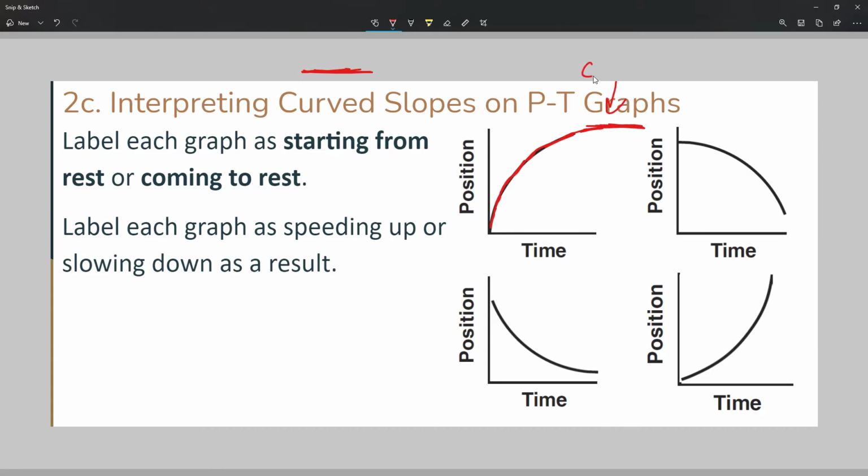And that means it's coming to rest here. If you're coming to rest, your final velocity is 0, which means you are slowing down. So make sure to write this in your notes.